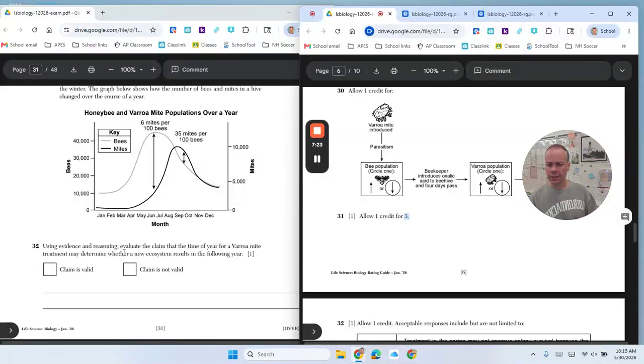Let's get to the question now. Using evidence and reasoning, evaluate the claim that the time of year of the varroa mite treatment might determine whether a colony survives in the following year. So again, what we're focused on here is timing. You can choose whether you decide the claim is valid or invalid.